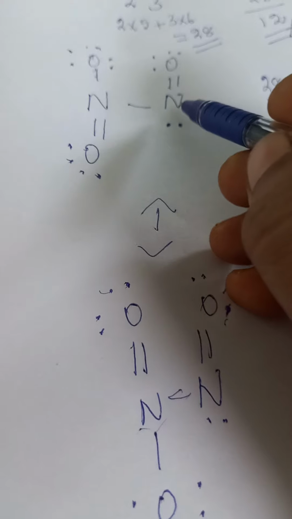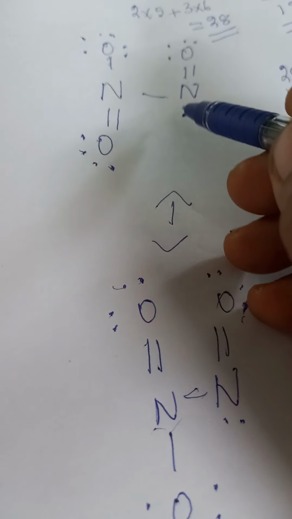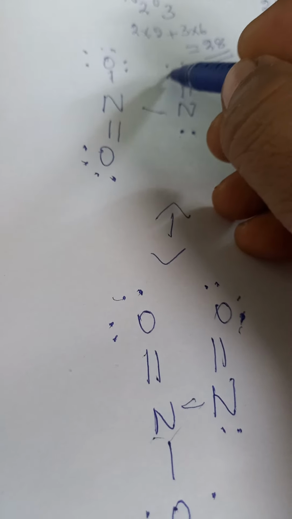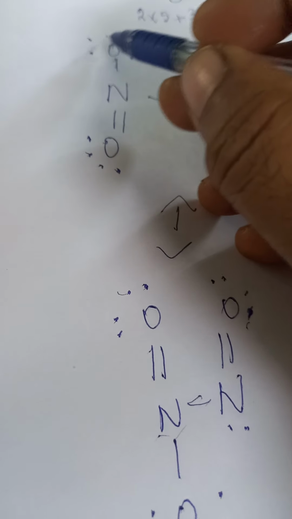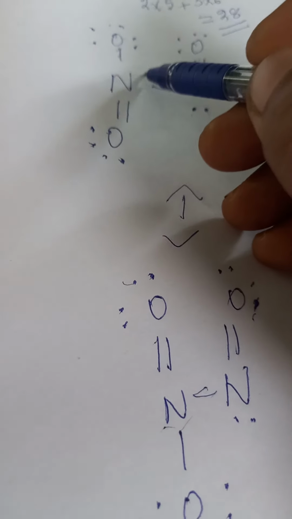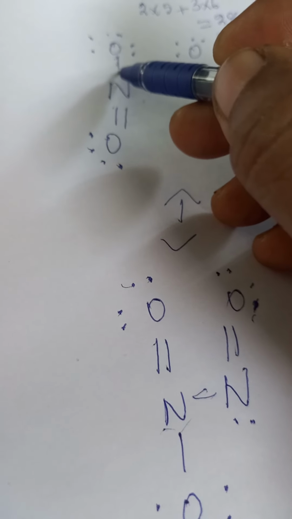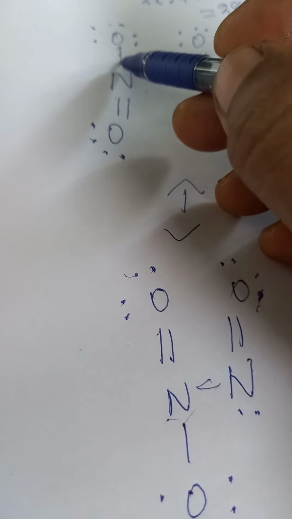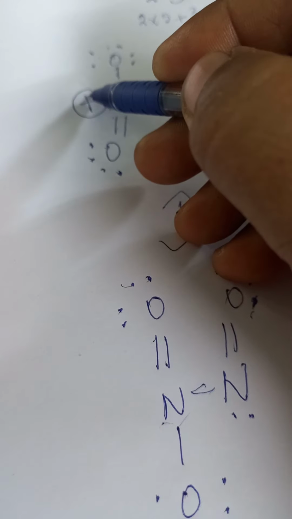Now we can balance the charges. This nitrogen, if you take 2, 3, 4, 5, balanced. Oxygen 2, 4, 6 balanced. This oxygen 2, 4, 6 balanced. Nitrogen 2, 3, 4, only 4 having. There is a shortage. Shortage means plus sign.